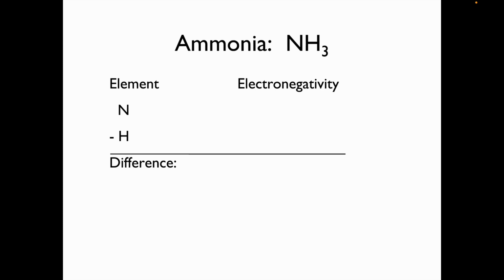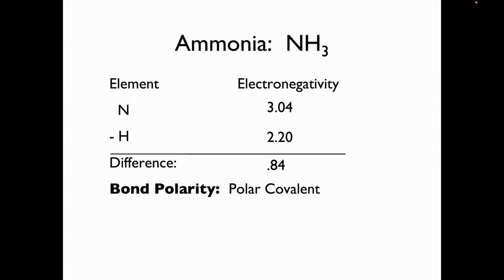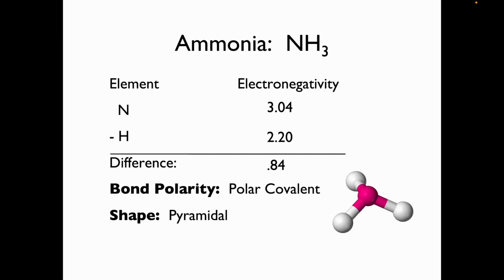Ammonia, NH3. Nitrogen has an electronegativity of 3.04. Hydrogen is 2.2. The difference between them is 0.84. Again, that indicates a polar covalent bond. So each nitrogen-hydrogen bond is polar covalent. According to VSEPR, ammonia has a pyramidal molecular shape. Again, look at the pyramidal shape.